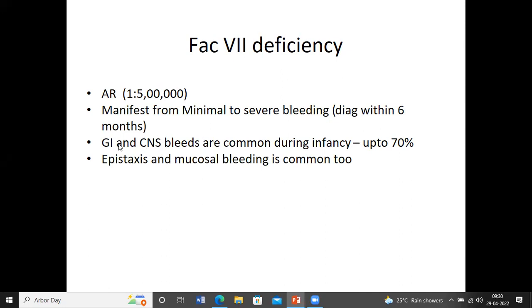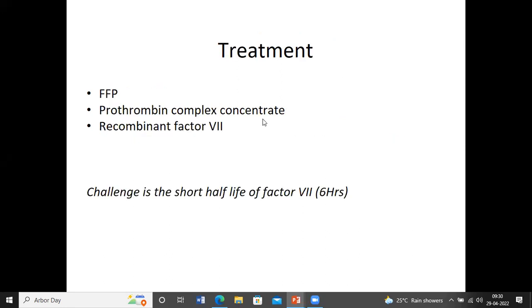These children are going to have GI and CNS bleeding in up to about 70%. The treatment is basically to give FFP, prothrombin complex concentrate, and recombinant factor 7. The problem with recombinant factor 7 is the short half-life, and you might have to repeat it again and again.